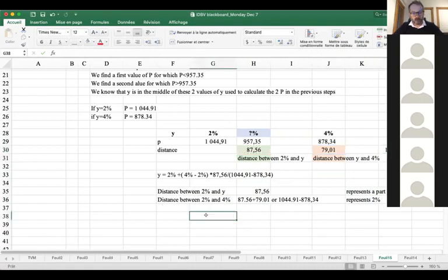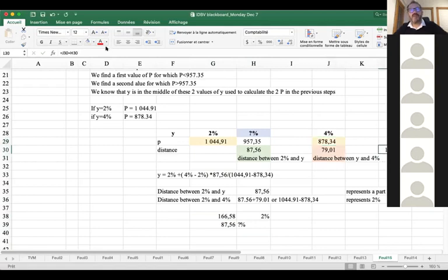Another way to put it is that 166.58 represents 2%. So how much does 87.56 represent? This is how we can put it, maybe it's easier. 166.58 represents the distance from this one to this one.